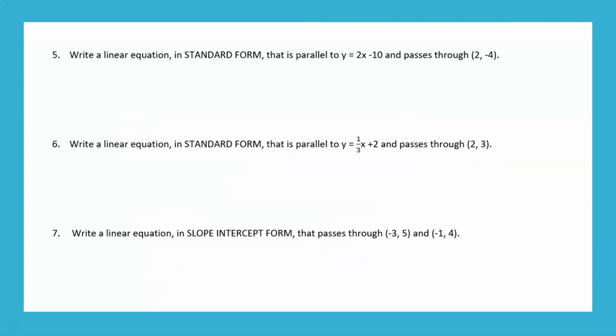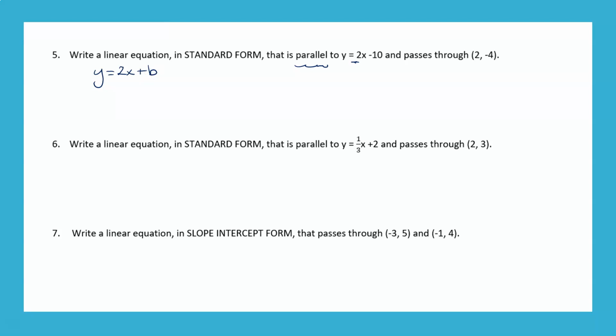Let's go to number 5. Write a linear equation in standard form that is parallel to y equals 2x minus 10 and passes through the point 2, -4. We know that parallel lines have the same slope. So we're going to use that. I'm going to go to slope-intercept first.